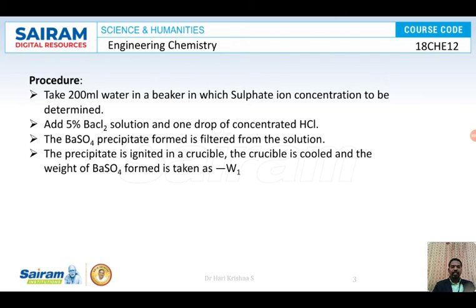In order to make the media acidic, I add HCl. The precipitate formed is filtered, dried, and ignited in a crucible. The crucible is cooled and the weight of barium sulfate formed is taken.